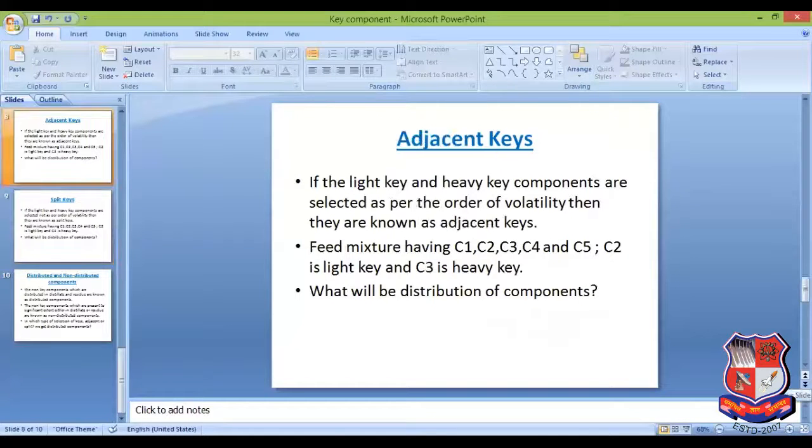So if you look at the case of adjacent key, the C2 and C3, the light key and heavy key, are the only ones distributed in between distillate and residue. The C1 will be there in distillate and C4 and C5 will be there in residue.